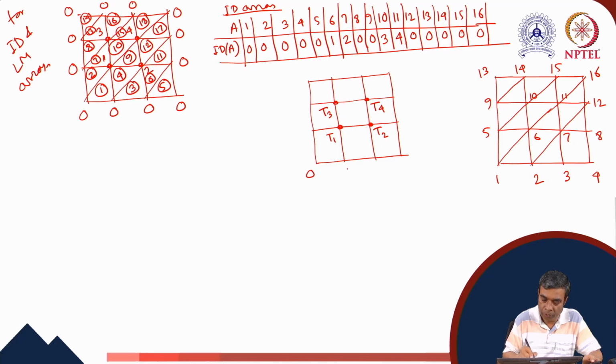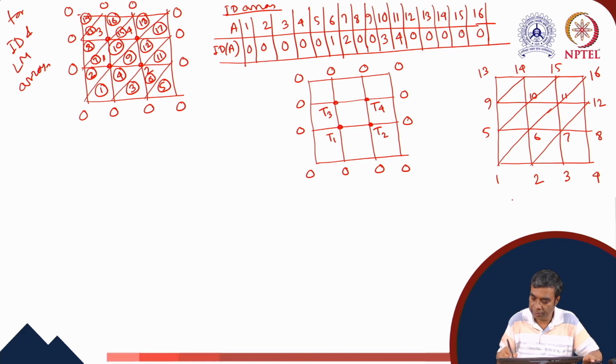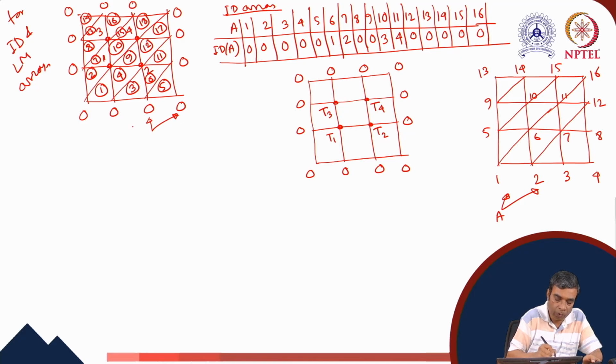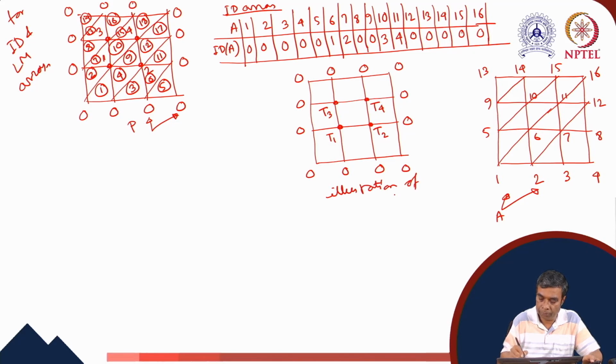For the remaining nodes our solutions are already given, so here we have the 0 equation numbers. This is capital A, these are the global equation numbers, capital P, and then here we have shown the unknowns. Illustration of unknowns.